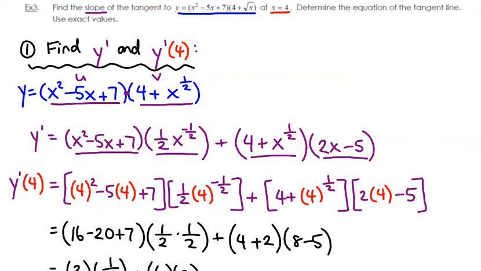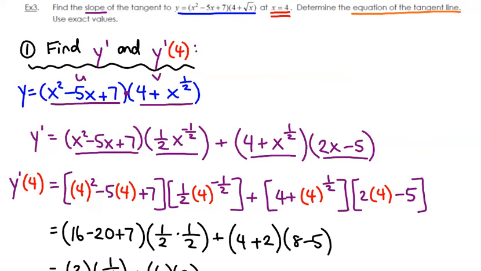Now, I would stop right there. I know that there are exponents that are negatives, but the question itself is not asking for you to have a really nice expression for your slope. What I actually want to know is the equation of the tangent. So I don't really need a fancy function for my slope. So why don't you just immediately put 4 in?